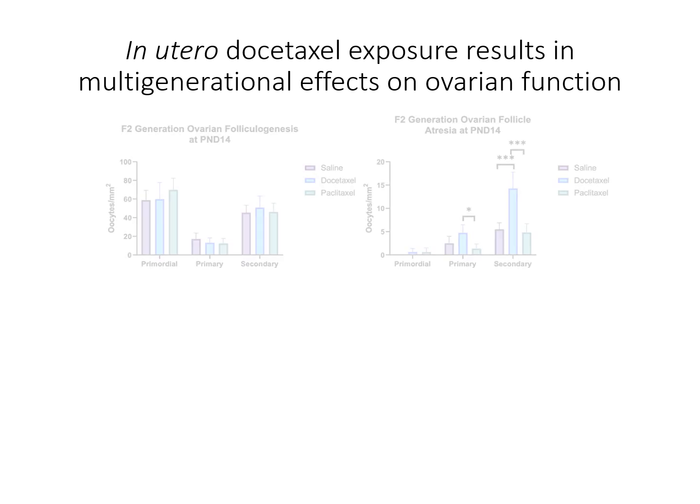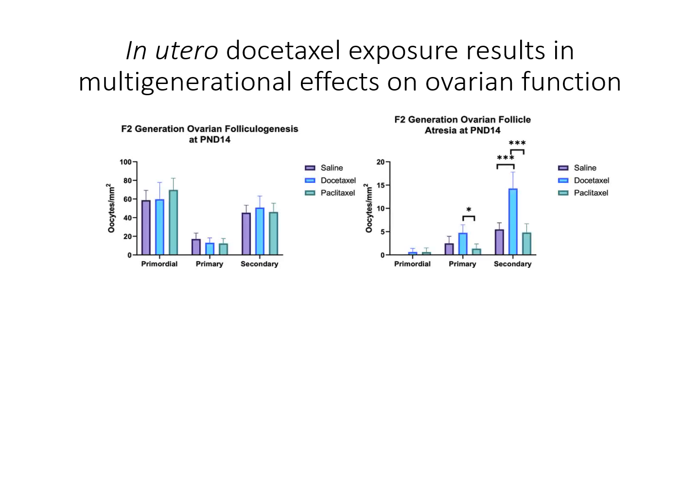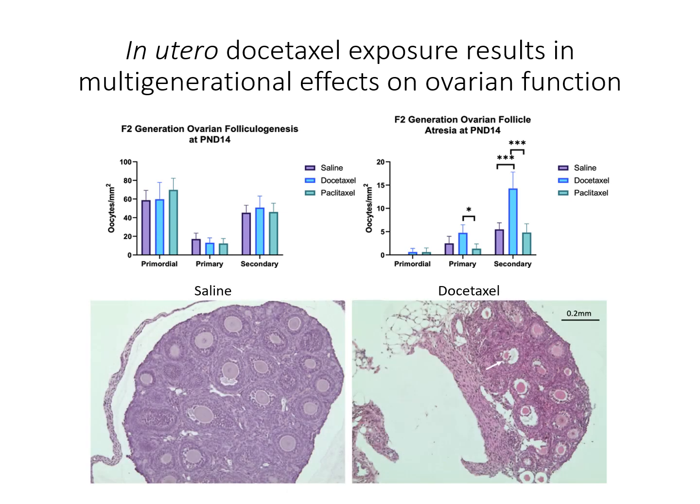So when we analyzed ovaries of the F2 generation, so these are the daughters of the mice exposed in utero, or the granddaughters of the mouse that received chemotherapy, we found that while folliculogenesis in these prepubertal mice was unaffected, we did observe a significant increase in degenerating growing follicles in the docetaxel group, but this was not seen in the paclitaxel group.